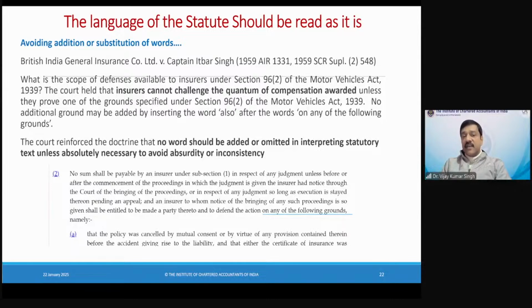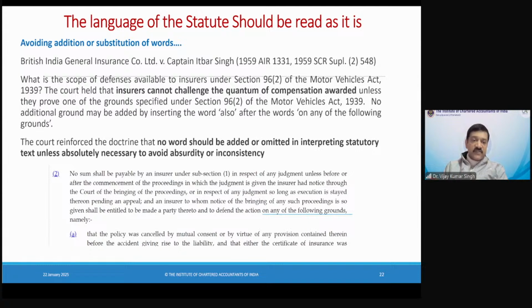Now, in this case, the court held that insurers cannot challenge the quantum of compensation awarded unless they prove one of the grounds specified under section 96(2) of the Motor Vehicles Act 1939. No additional ground may be added by inserting the word 'also' after the words 'on any of the following grounds'. So you can see the exact statute there, which I have reproduced at the bottom of the slide.